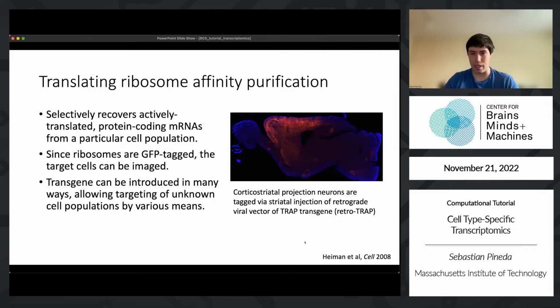For example, we did a retrotrap experiment where we injected the striatum, and we were able to label by projection the cells that were projecting to the striatum. Then we can just dissect this chunk of cortex, and now we have a cell type specific profile for cortical cells that make projections to the striatum. So you can get pretty creative with this.